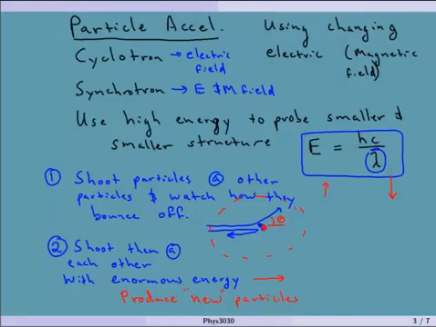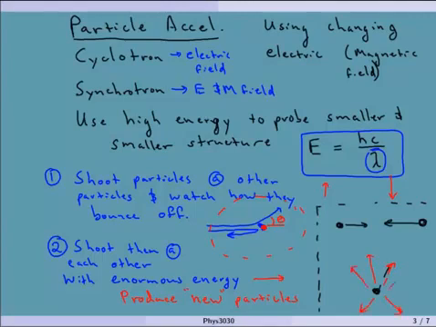So let's draw a little box over here. In the first case, maybe I'll shoot one particle this way and one particle this way. When they hit each other, you get all kinds of stuff coming off in all different directions, all different kinds of particles.